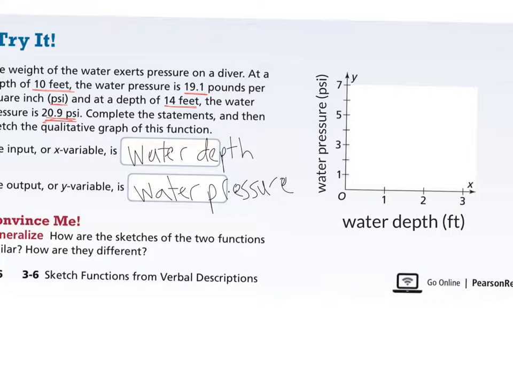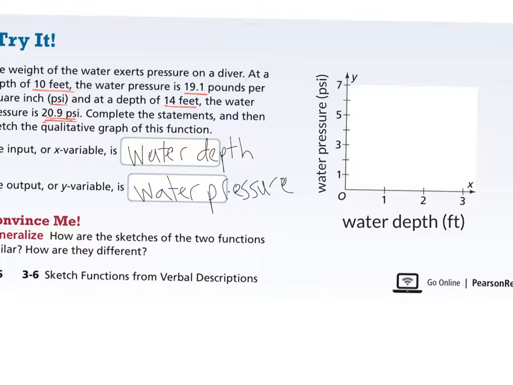Okay, and so we can see what's happening. We were at 10 feet, it was 19.1 pounds per square inch. 14 feet is 20.9 PSI. So as we get to deeper water, what's happening with the water pressure? Is the water pressure increasing or decreasing?